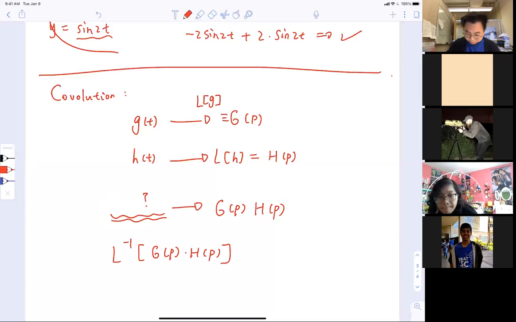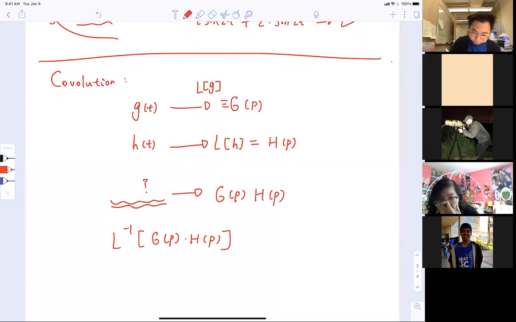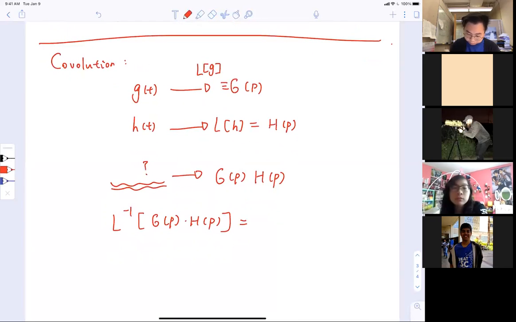And the convolution theorem, you can prove it by yourself. It was in the textbook. This guy is given by the L inverse acting on the first one, convoluted with the L inverse acting on the second one.